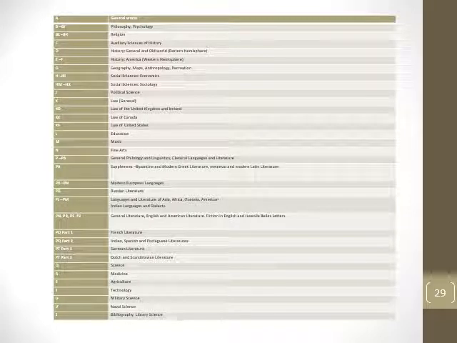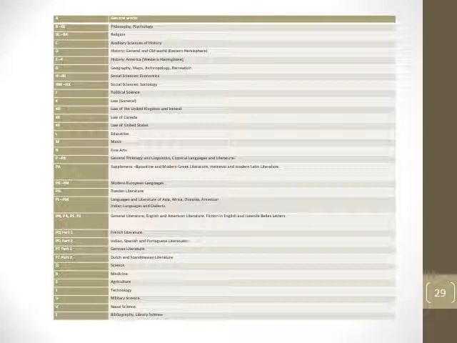These are the general classes, where the classes are divided into 26, just like the letters of the alphabet.